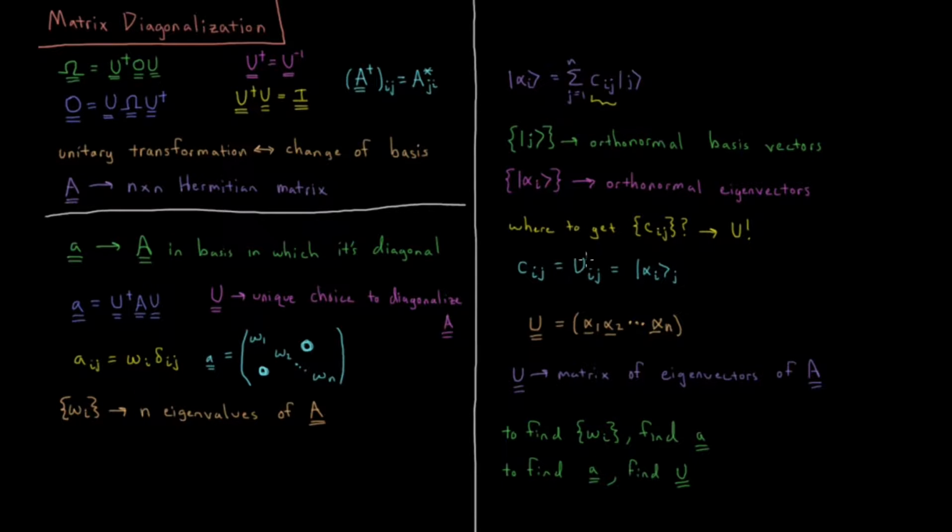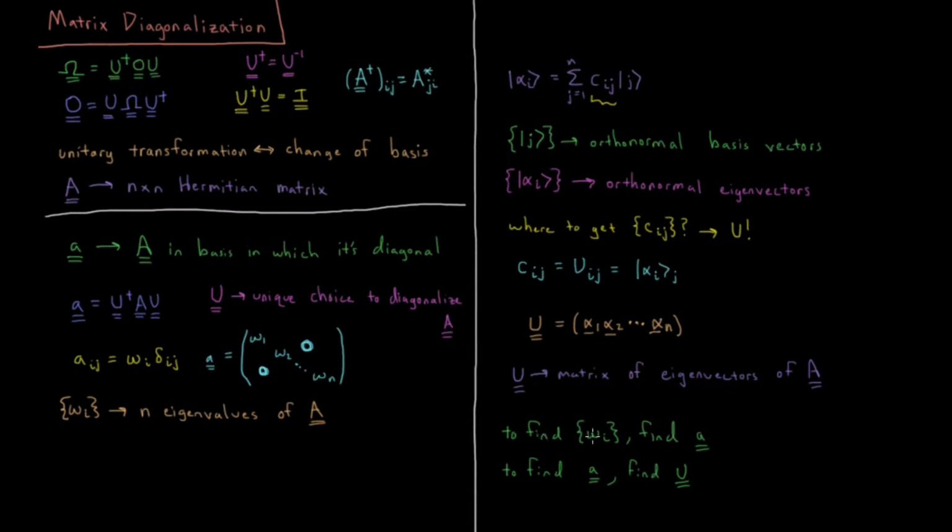Cij is equal to Uij, which is also equal to, as I said, the jth component, the jth basis component of the ith eigenvector. So this unitary matrix which diagonalizes A under a unitary transformation, which gets A into the basis in which it is diagonal, is actually the matrix of the eigenvectors of A. So U is a matrix of the eigenvectors of A. So each column is an individual eigenvector, and each row is the representation of each eigenvector in a given basis vector.